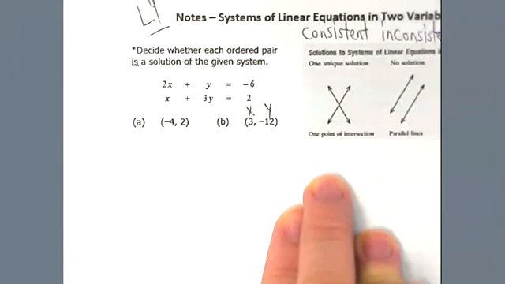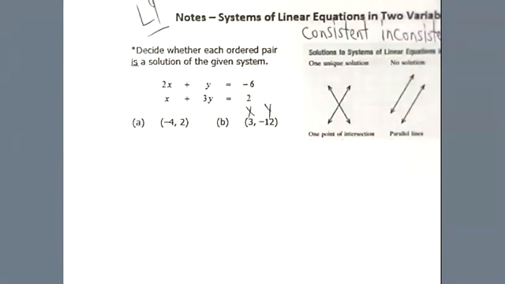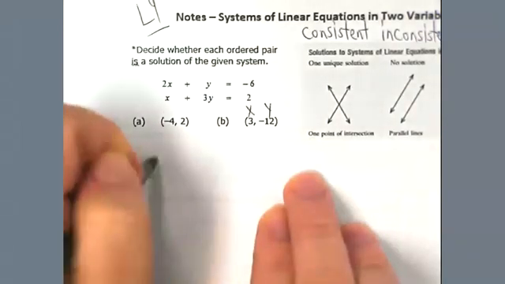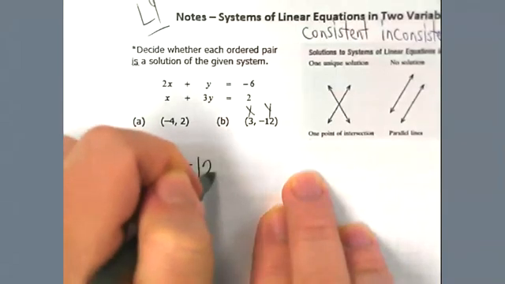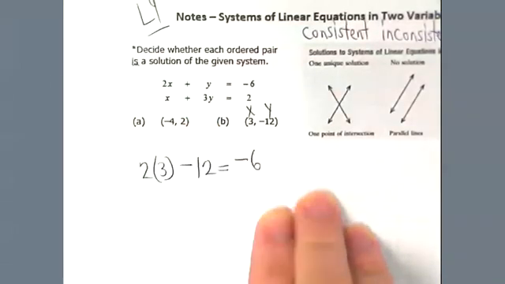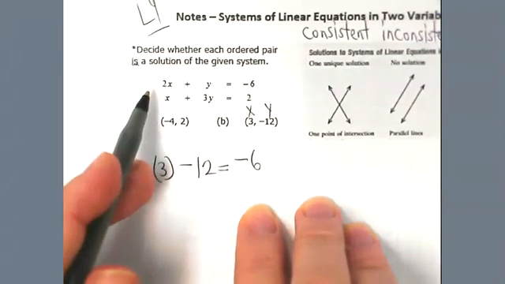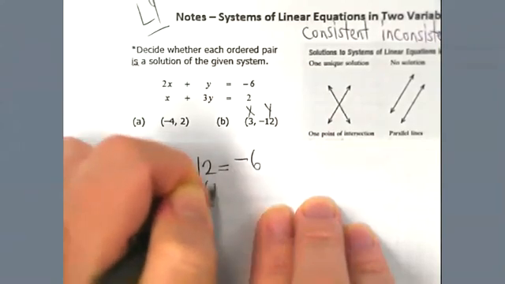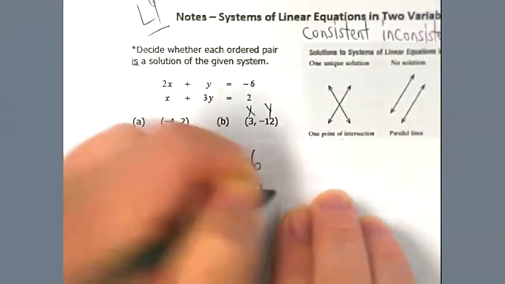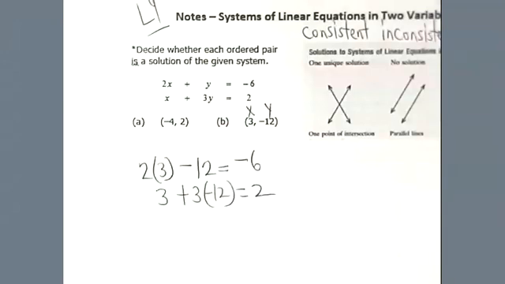So everywhere that you see an x, just plug in 3. And everywhere that you see a y, plug in negative 12. Same thing with the second equation. Now, in order for a solution to be a true solution to the system, it has to work for both equations.